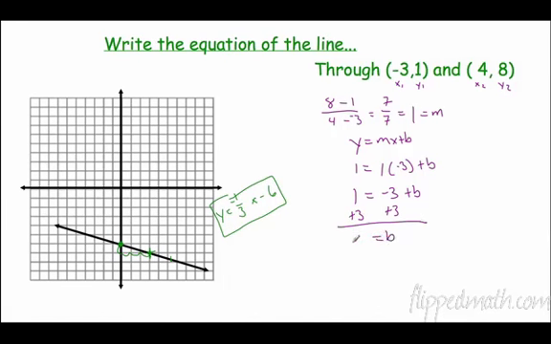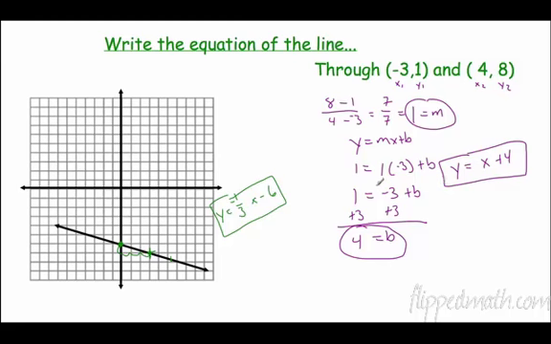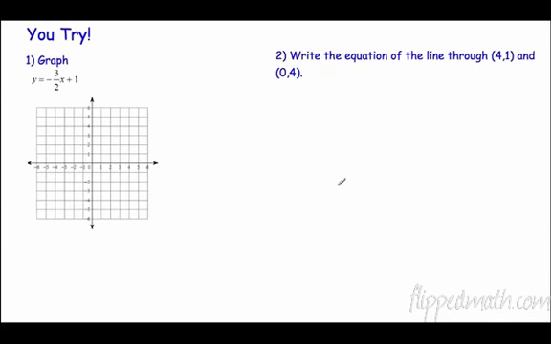So my b is 4. Now I have my m, I have my b, I can plug it in. y equals 1x plus 4. Remember, if it's a 1 as a coefficient, we don't necessarily need to write that. All right, so pause the video, you try these two, and then we'll check on them.